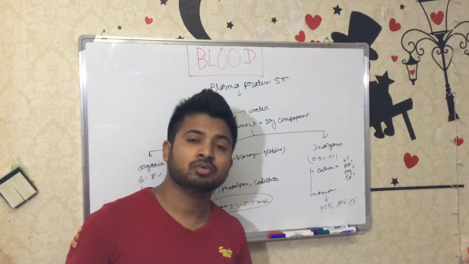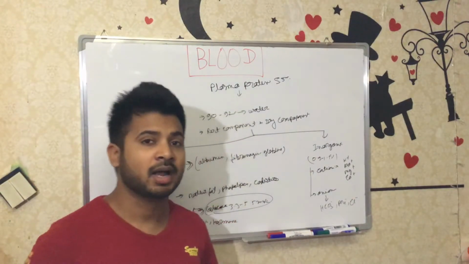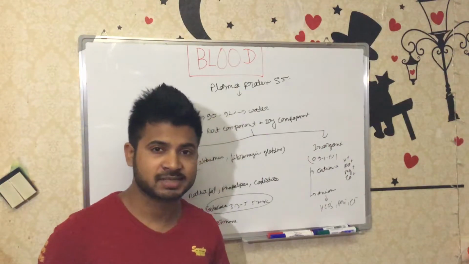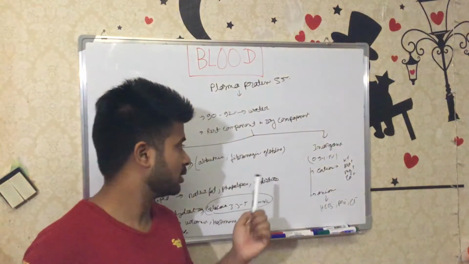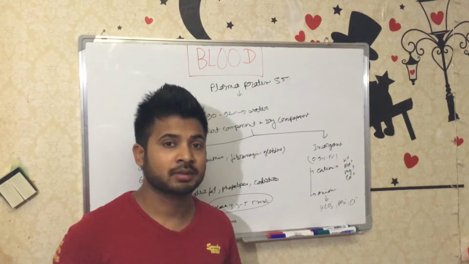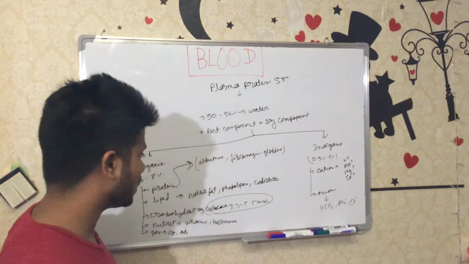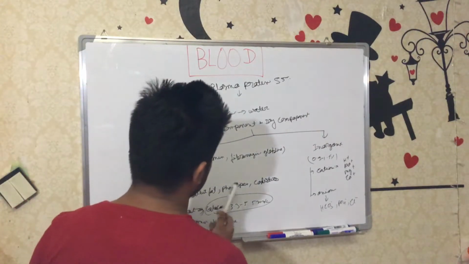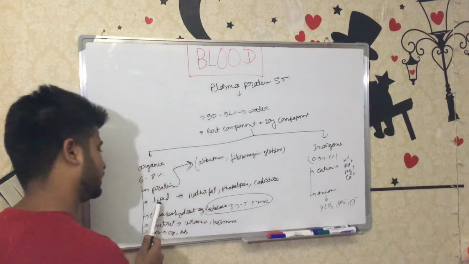Globulin is divided into alpha, beta, and gamma. Alpha and beta are for transportation and maintaining the pH level, and gamma is the antibody, for protection.